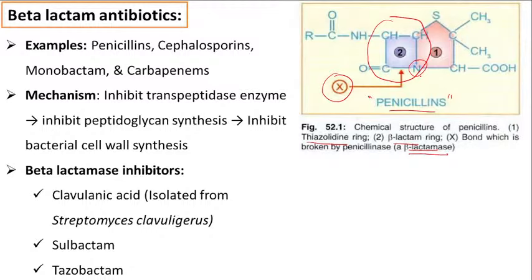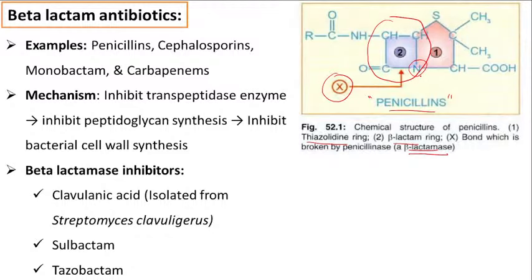Because this enzyme destroys them, the efficacy of the beta lactam antibiotic would be reduced. So beta lactamase inhibitors need to be added in such infections, where the organisms have the capability to produce beta lactamase.